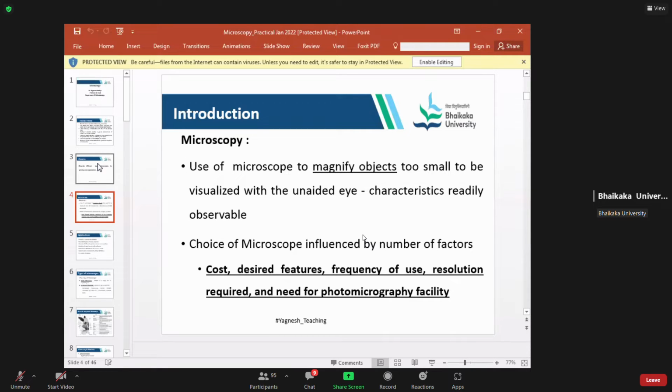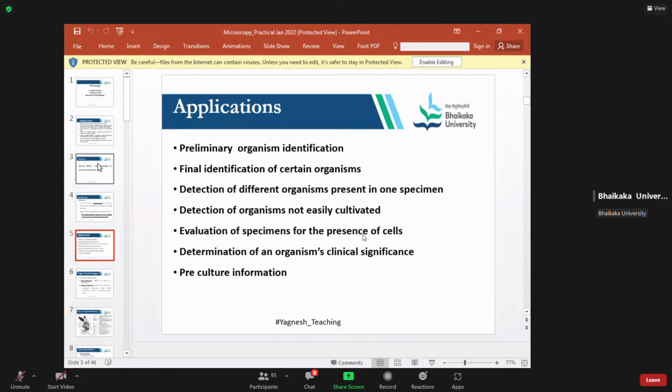What is the resolution power of the microscope, and what is the resolution power required? These are a few factors which influence the choice of the microscope. Now let us move to the next slide.